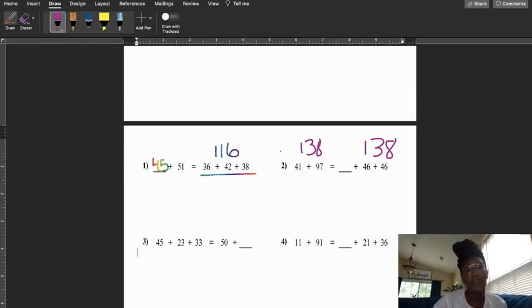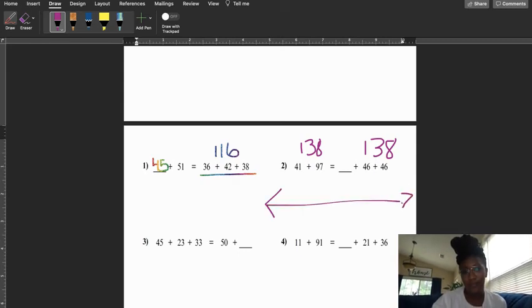I'm going to use the number line again because y'all know how much I love the number line. So I'm starting at 92. And I need to get to 138. All right. I'm going to go ahead and jump 8 so that way I can make an easy number.